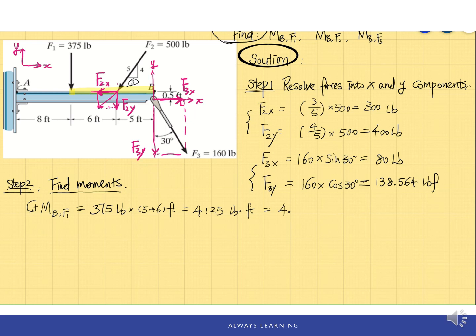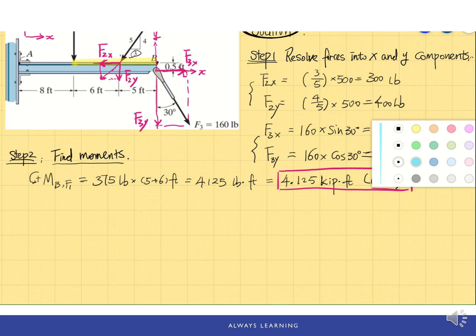So it will be 4.125 kilopound times foot, and it will be a counterclockwise rotation. Okay, so this is how we express the result. Since moment is a vector, you want to indicate the magnitude of the moment and also the direction. So for 2D, the direction of moment is either clockwise or counterclockwise.